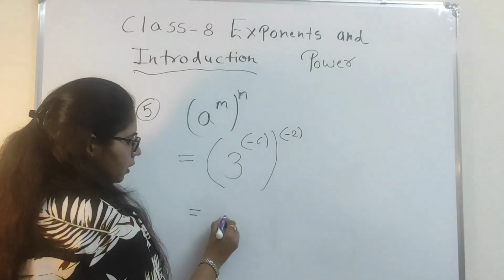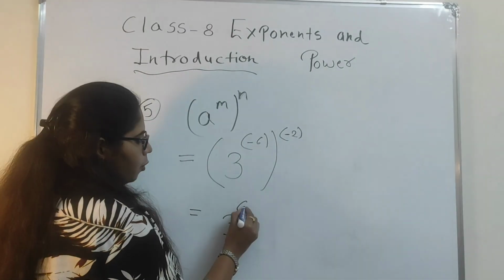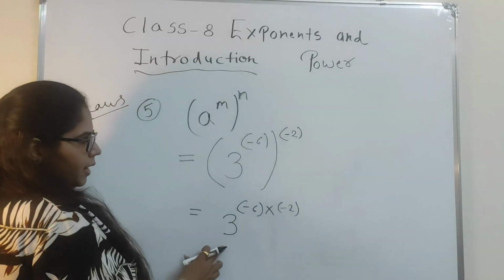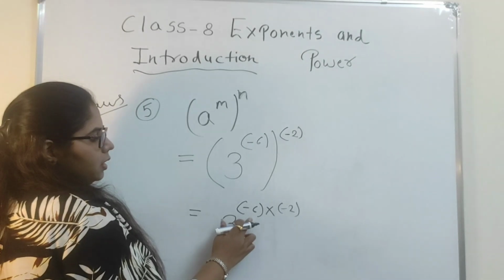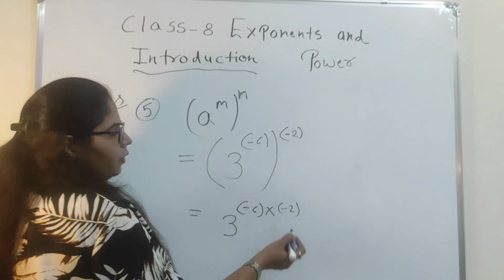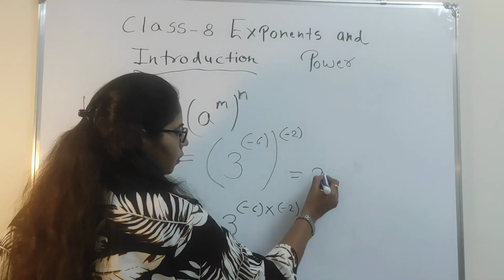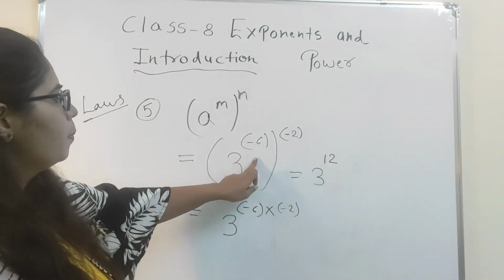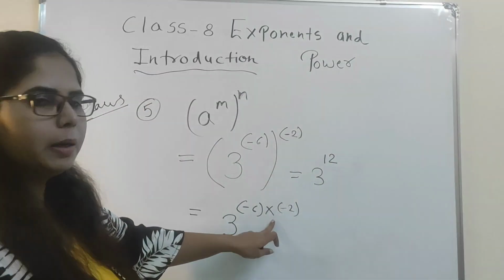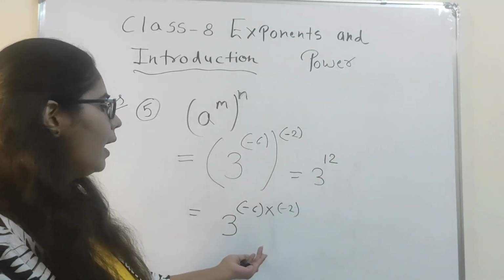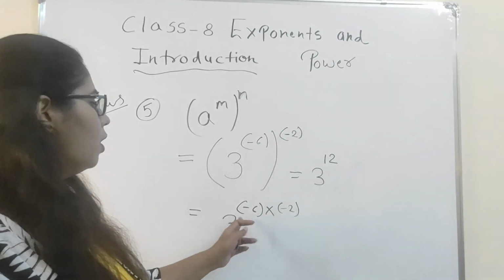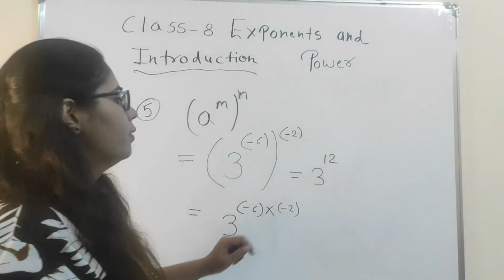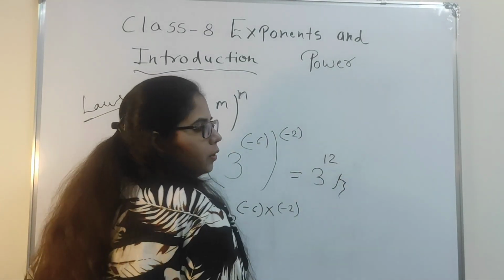So 3 will be here. Both powers will be multiplied. The base is same and 6 multiplied by 2 will give you 12. So 3 to the power 12. Because power of power will be multiplied. 6 twos are 12. And why is the power positive here? Because here is the multiplication sign, not the addition and subtraction sign. So the answer will be 3 to the power 12.